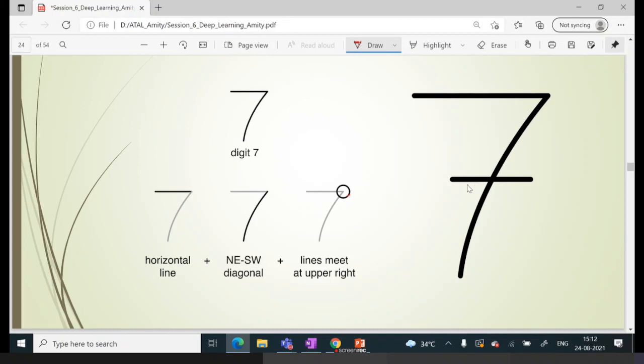And some people can add a second horizontal line also. So you will write down this kind of rules, and then you try to answer the question whether the particular digit is a 7 or not. This kind of thing is called an expert system, or a rule based system, where you just write down rules corresponding to a particular task.